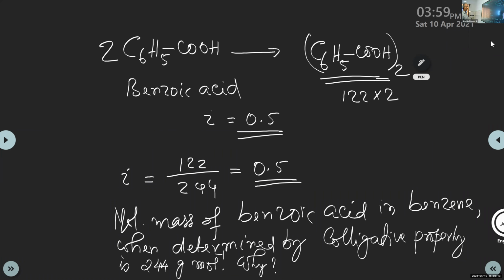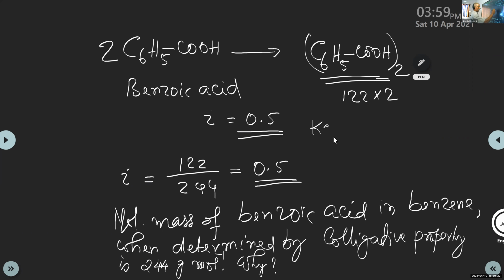Punya, can you try? Dimerization. Yes, dimerization. Benzoic acid dimerizes. Similarly, acetic acid dimerizes. Take the case of potassium chloride, another example.